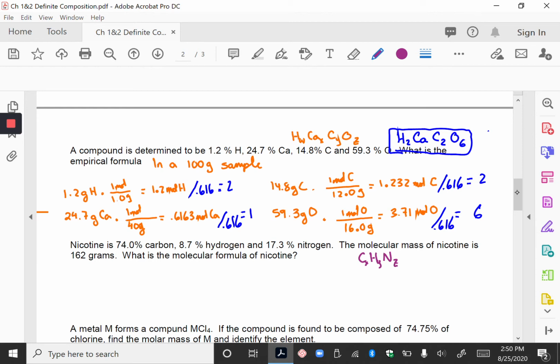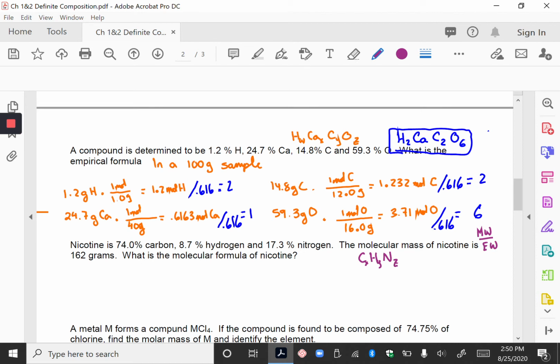In this case, we'd have 74 grams of carbon, 8.7 grams of hydrogen, 17.3 grams of nitrogen. Convert those to moles. When we do that, we're going to get the empirical formula. And then to find the molecular, we're going to do molecular weight over empirical weight and see how many times that is. So that's one way to do it.